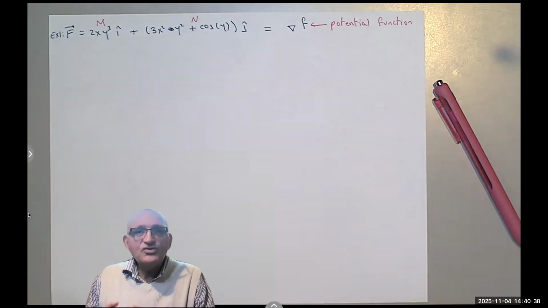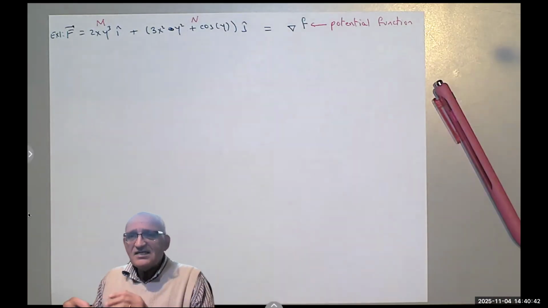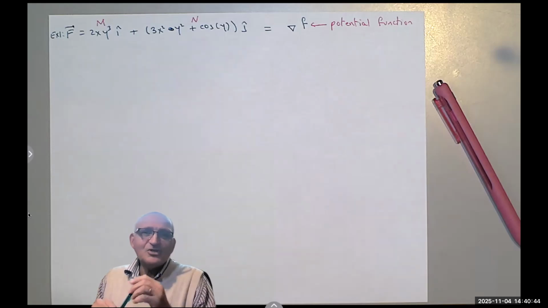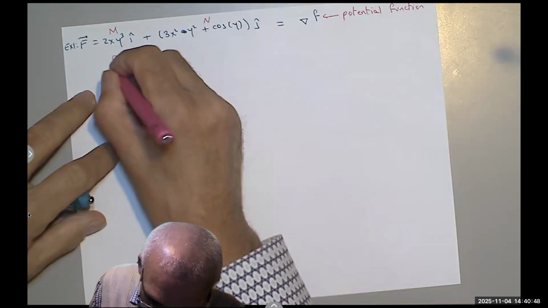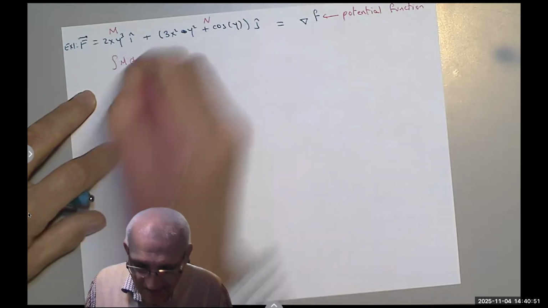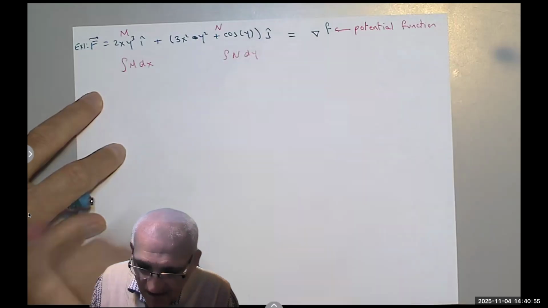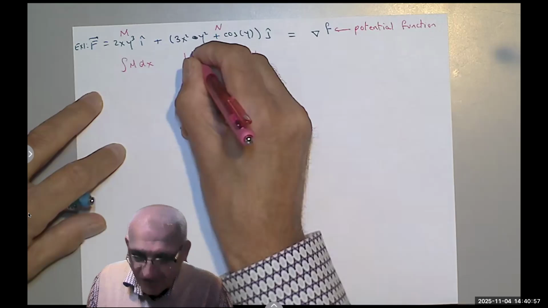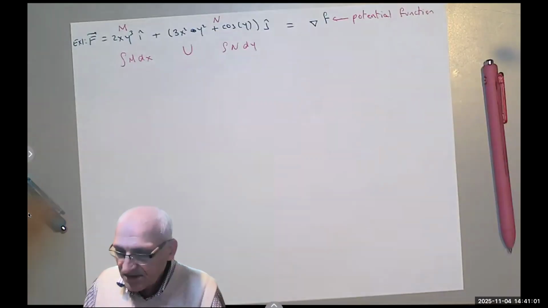I'm going to take the integral of M with respect to x and the integral of N with respect to y and take a union of both, as you will see. So easy.